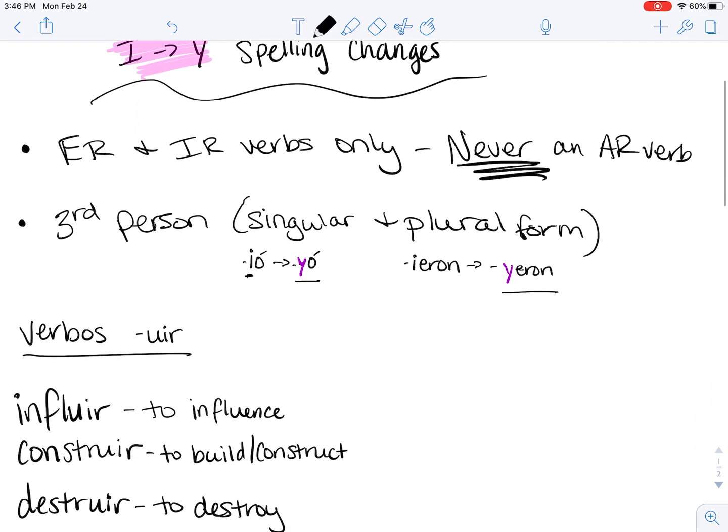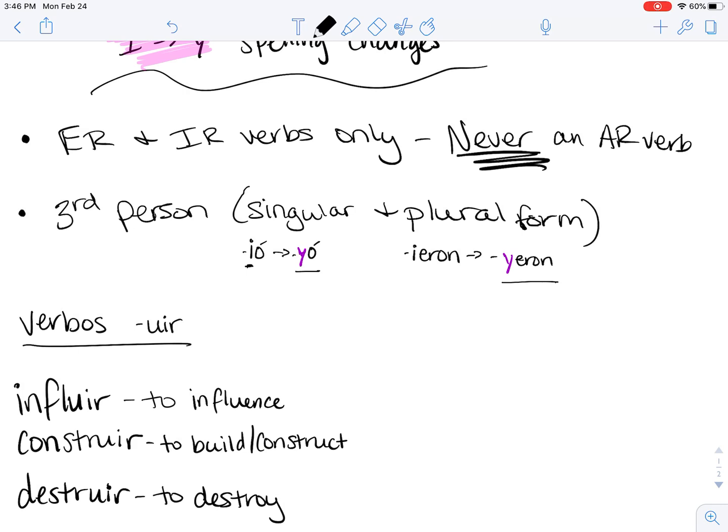All right, I'm going to give you a couple of examples of verbs that take this change. There are two sets. The first one we call verbos uir. These verbs are influir, to influence, construir, to build or construct, and destruir, to destroy.